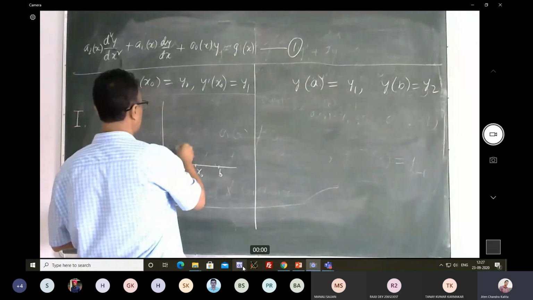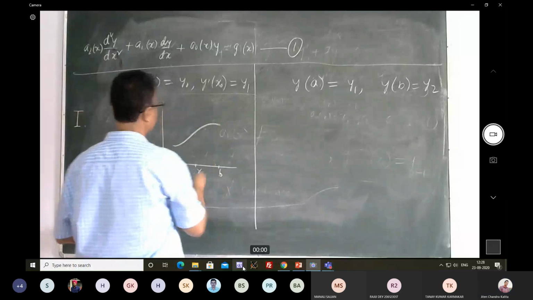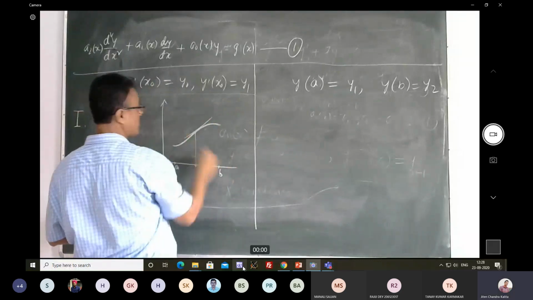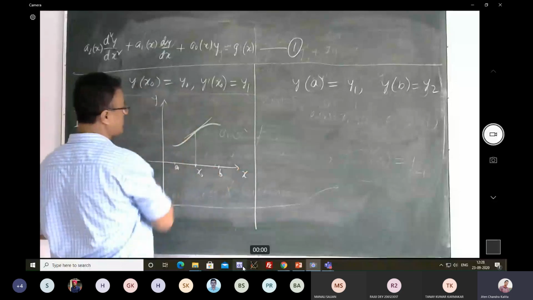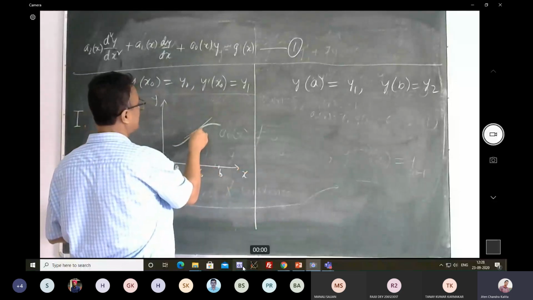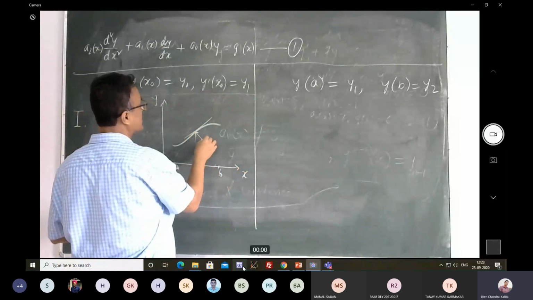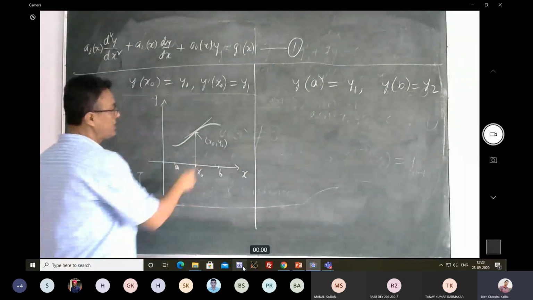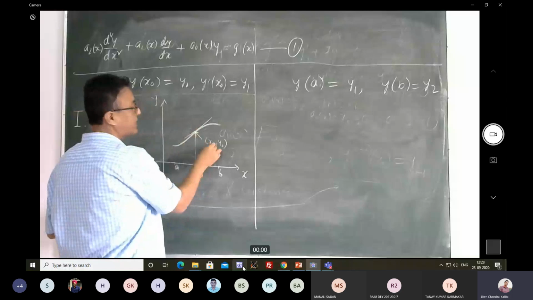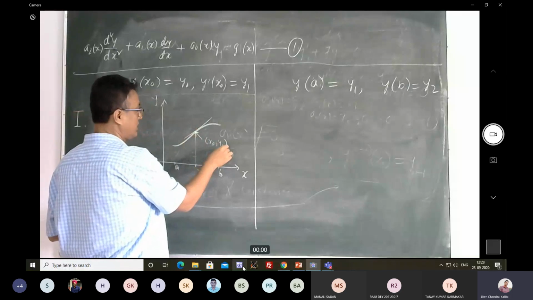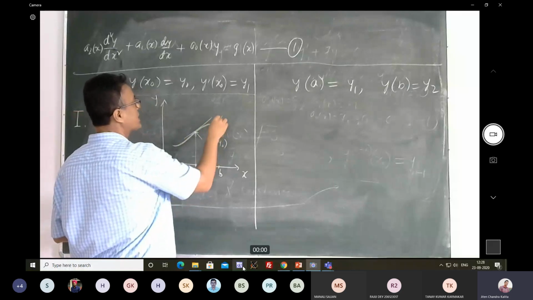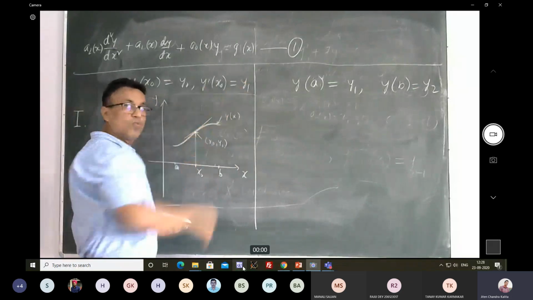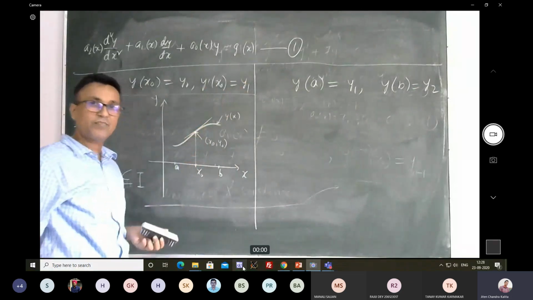So the physical interpretation was this: this is my point (x0, y0), and at the point (x0, y0), the slope of the tangent to the curve y(x) was given by the value y1.